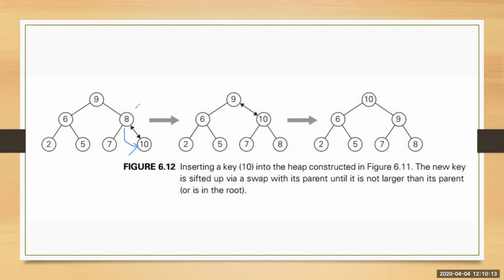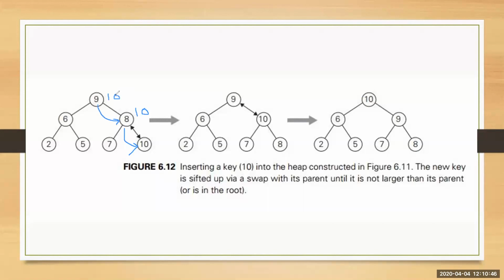And now assume that 10 is here. 10 is not copied here, assume 10 is here. Now compare whether this 10 follows the parental dominance when compared to its parent 9. 9 is having lesser value and 10 is having greater value. So therefore, this 9 also comes one step down. And assume that 10 is here.